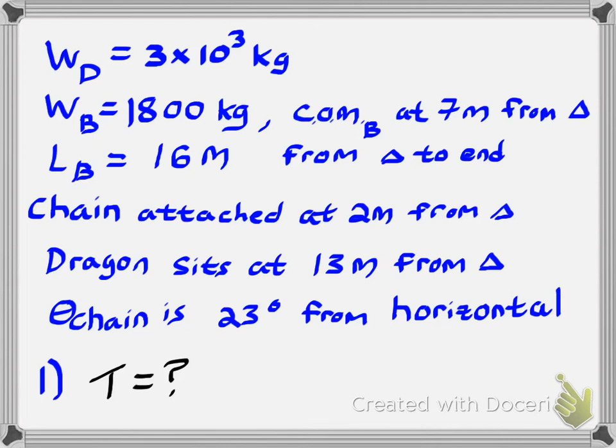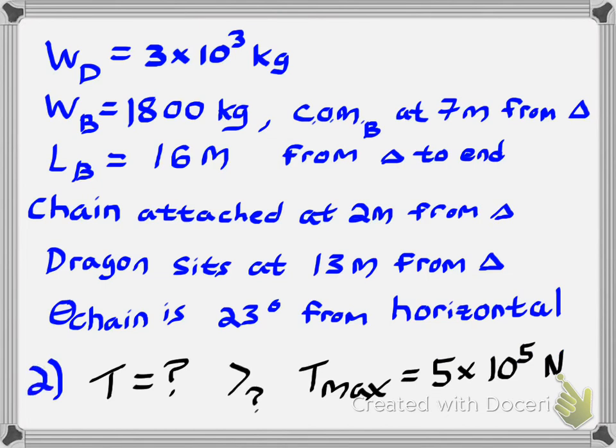Thus, the first thing you'll turn in for this information is to calculate the tension in the chain. Then, is that tension exceeding the maximum tension the chain is able to hold, 500,000 newtons? Is the drawbridge designed by that engineer going to be safe from the weight of the dragon? Will the chain snap to send the drawbridge and the dragon with it down to the moat?